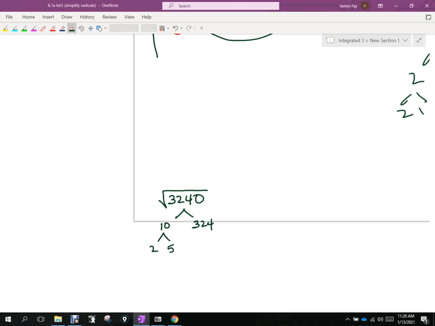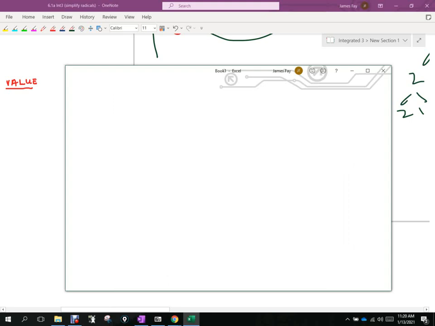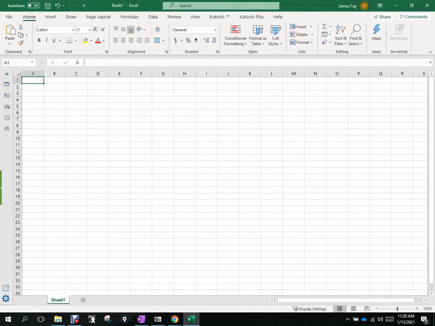Okay. Now, there's a list of values that maybe we should have a little bit of an understanding for. Actually, let's do it this way. We've used Excel before, correct? It gives you a way to have a list of your perfect squares, kind of an easy way.